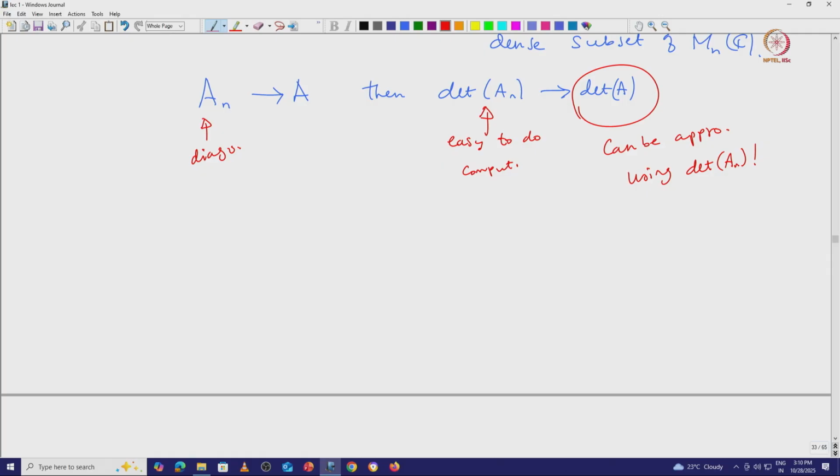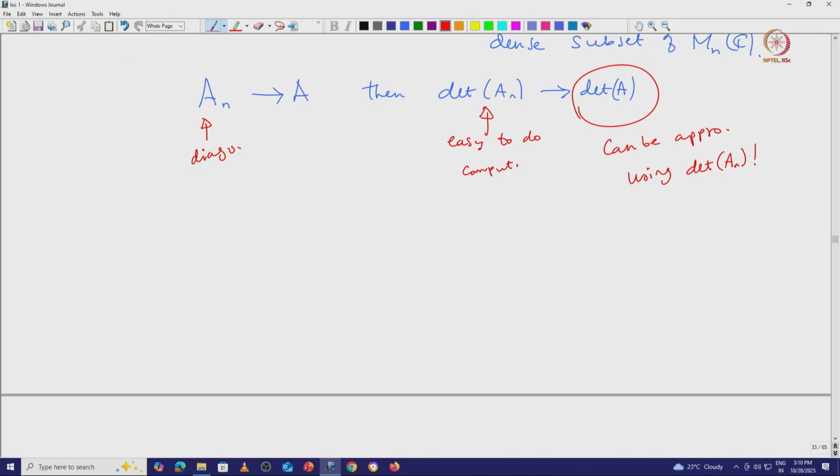Let me first recall some basic facts about diagonalization. We call a matrix diagonalizable if some conjugate of that matrix is diagonal. That is the definition of diagonalizable.